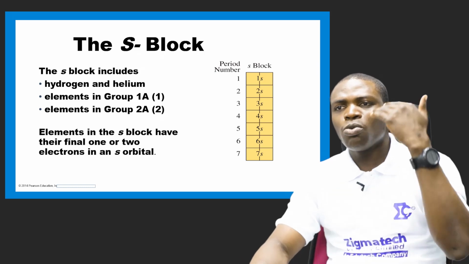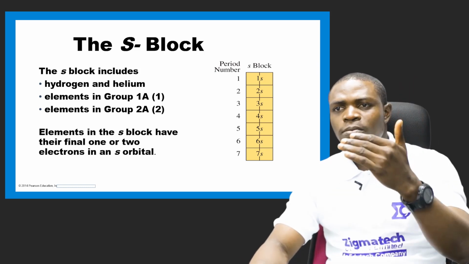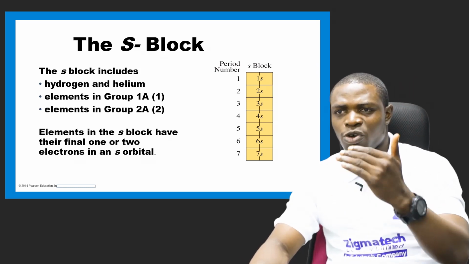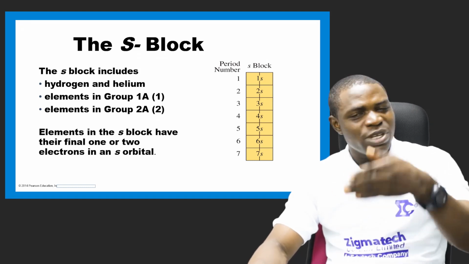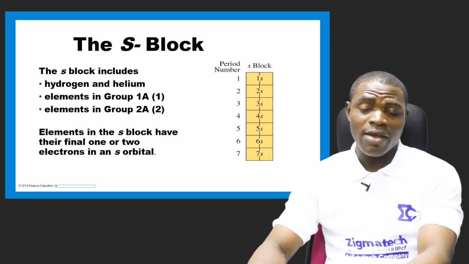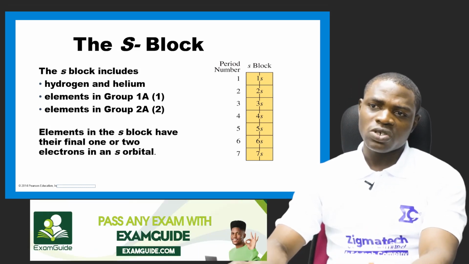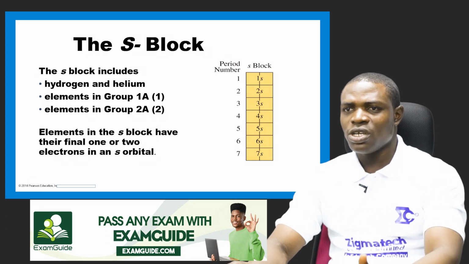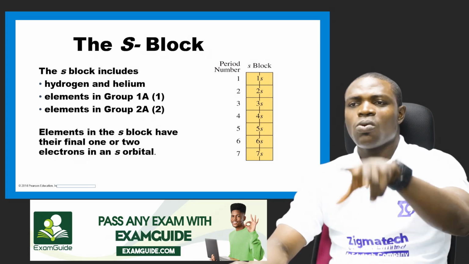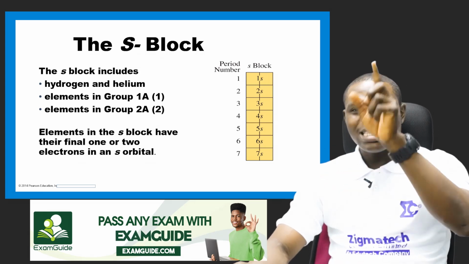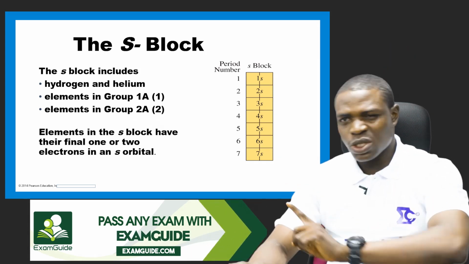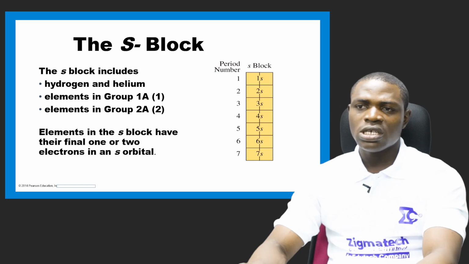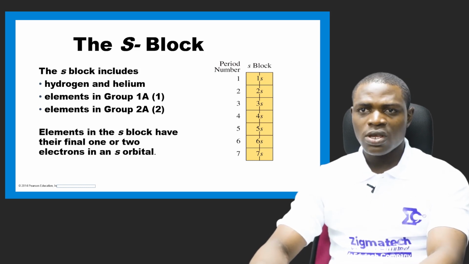So if you go from period 1, period 2, period 3, period 4, period 5, 6, and 7, regardless of the period, let me say this very emphatically, in chemistry, as long as you're working with the S block, the highest number of electrons on that orbital must not exceed 2. If it does, it means you are no longer doing the right thing.